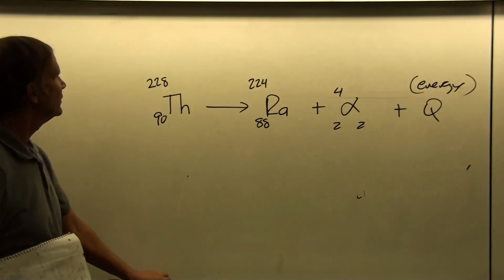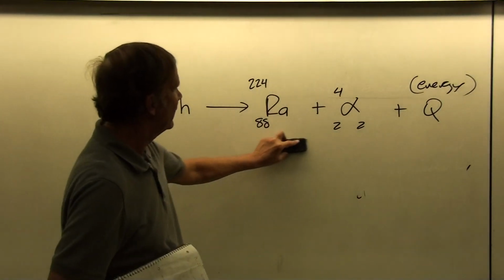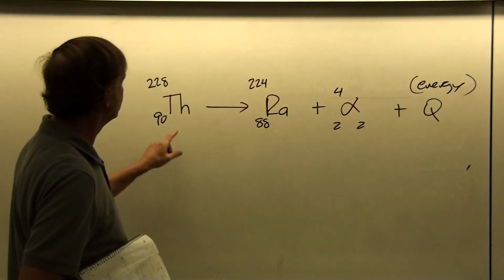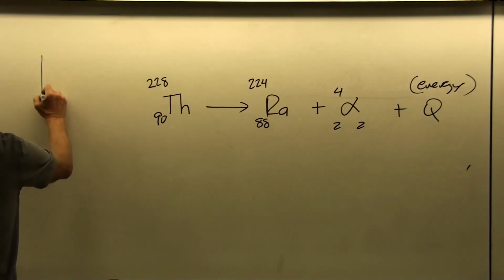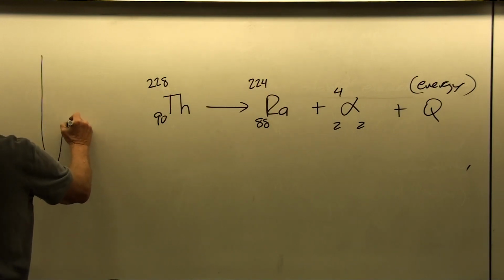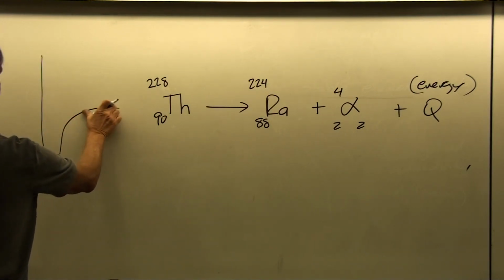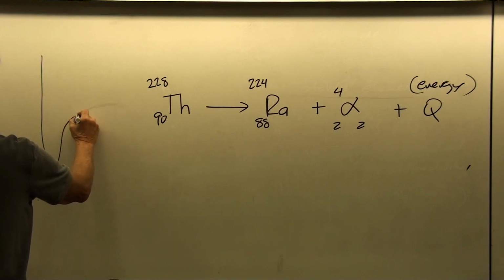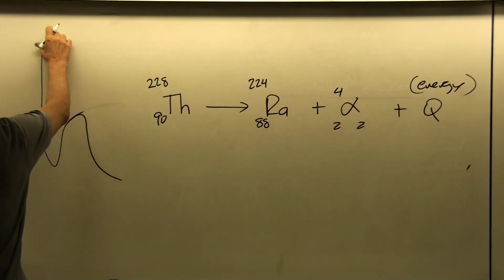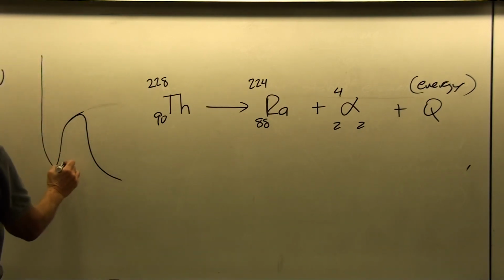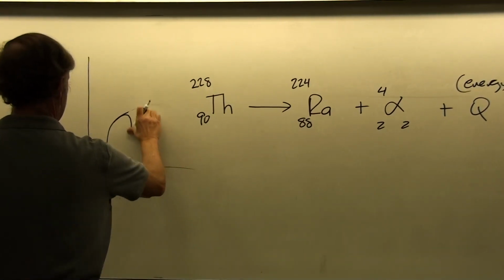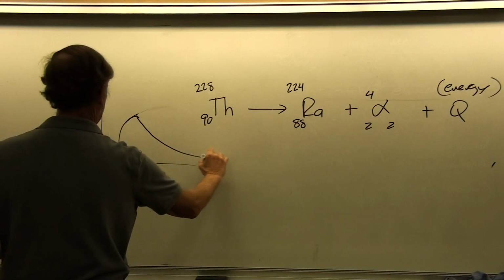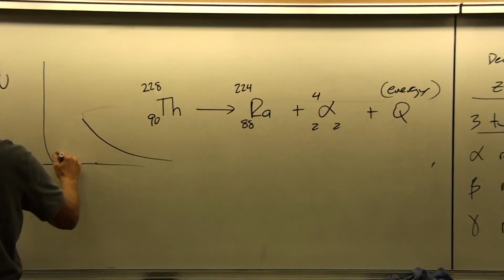And then that will give off energy. So this is a process of gaining energy from the radioactive decay of thorium into radium. How does this actually happen? Well, we have a nuclear potential, which perhaps looks something like this. Here's our U value, and it drops off like this.